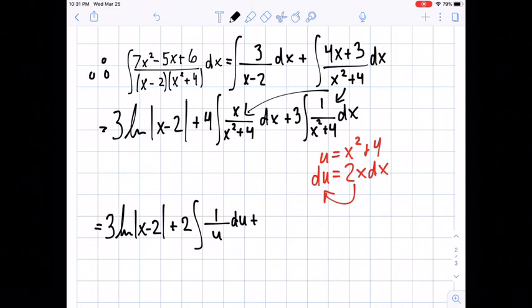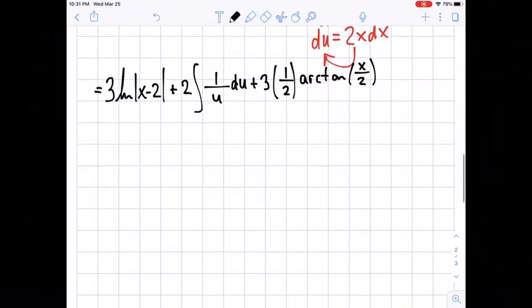And with the third integral, we remember that it's going to give us 1 over a, and a here is 2, so it's 1/2 multiplied by arctan of x over a, and again a is just going to be 2. So we don't have to put in the plus c yet because of this integral, which we haven't finished with. But as soon as we do that, we will then introduce the plus c.